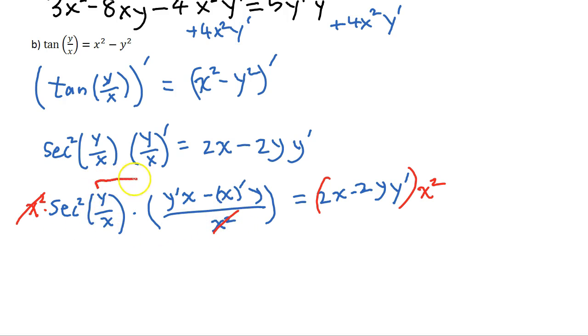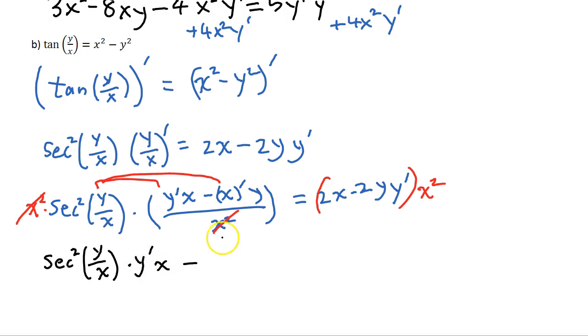And then once I multiply these two, I have the following. I end up with secant squared of y over x times x times y prime. Okay. Y prime is good. This is what we are going after.